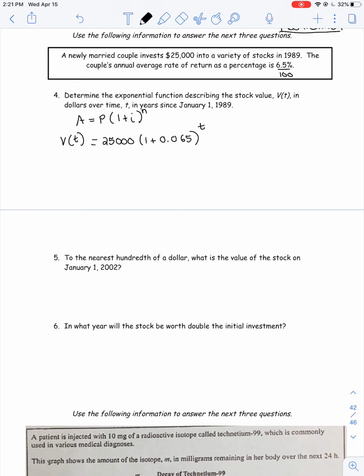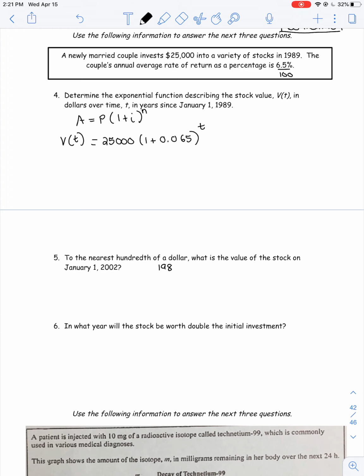Okay, so question number 5, it says, to the nearest hundredth of a dollar, what is the value of the stock on January 1st, 2002? So what we're going to do is first figure out how many years have passed since 1989.